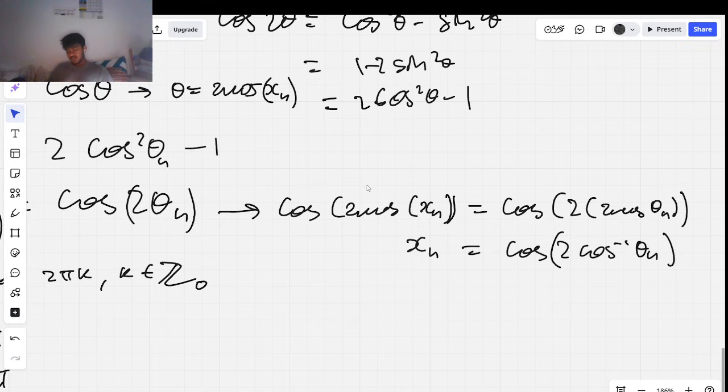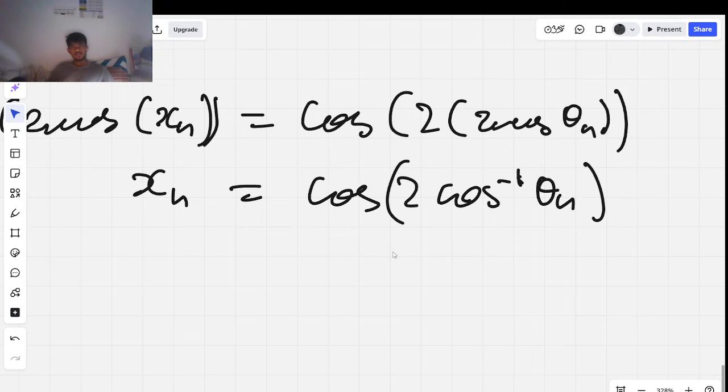Okay, that's interesting. Is there a way I can simplify cos with argument 2 arccos x_n? Is there a way I can do this? I don't think so. I mean, this is x_0.